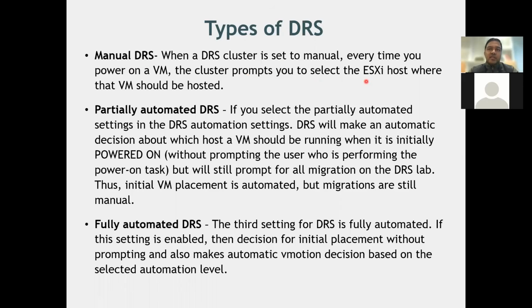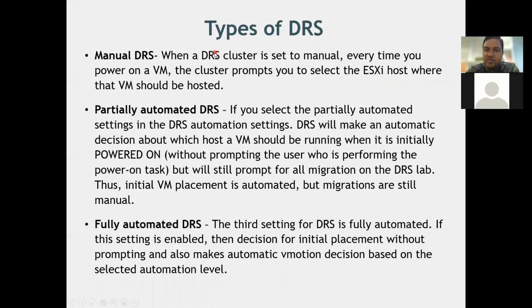That means if we keep the manual DRS option on, it is not going to do initial VM placement, nor load balancing, nor power management. Sometimes the manual DRS option is needed.